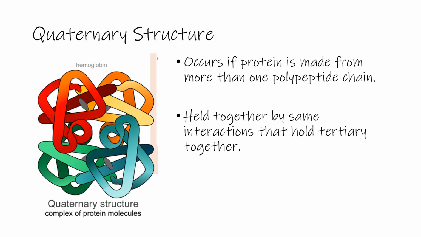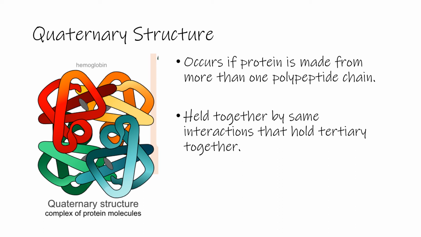Some proteins in their active shape contain more than one polypeptide, more than one amino acid chain in their final form. And so if a protein needs more than one separate amino acid chain, it would have a quaternary structure.